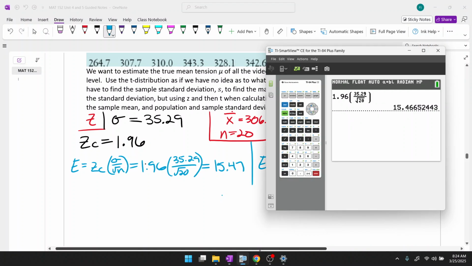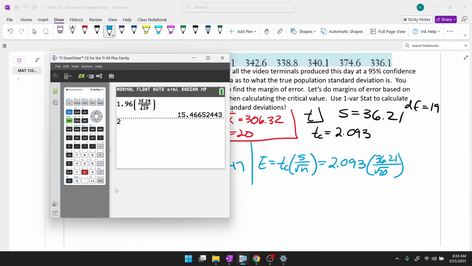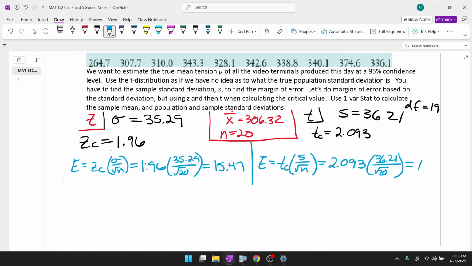And when we do the margin of error for this one, we're going to get 16.95. So obviously the T distribution is going to give you more wiggle room, so to speak.